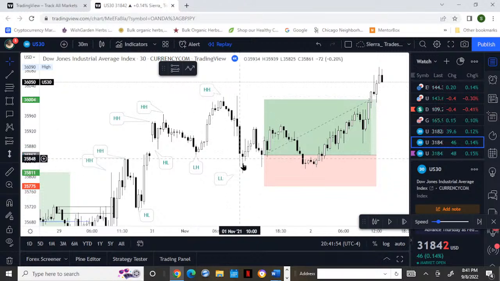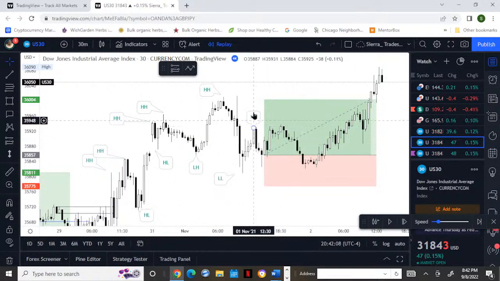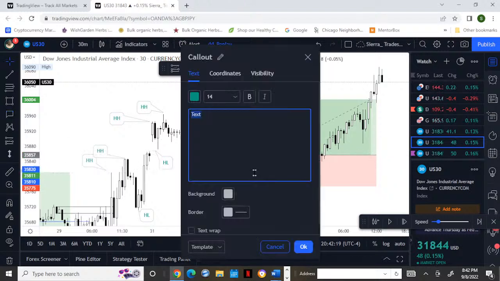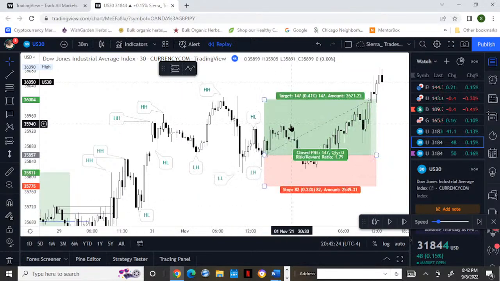All right, so we got higher high. Price gave us a lower low. Gave us a higher low here. And then it gave us a lower high. Then a higher high here because it's higher than that higher low.